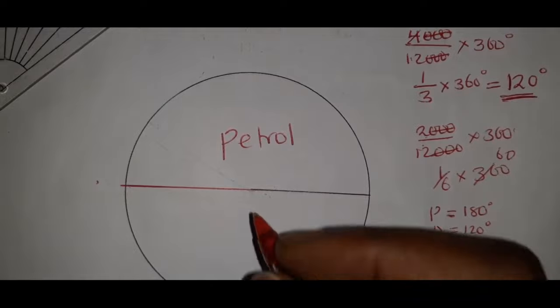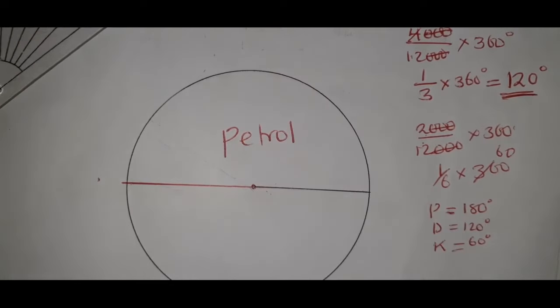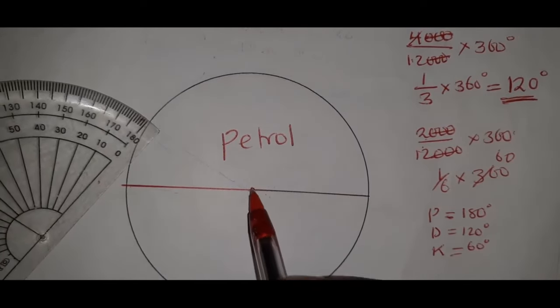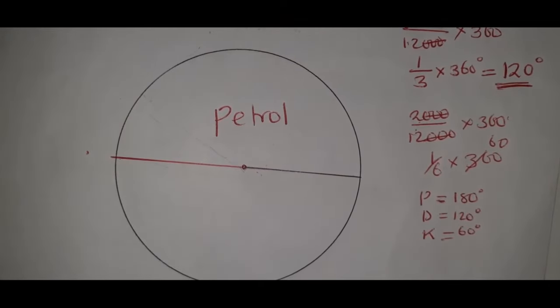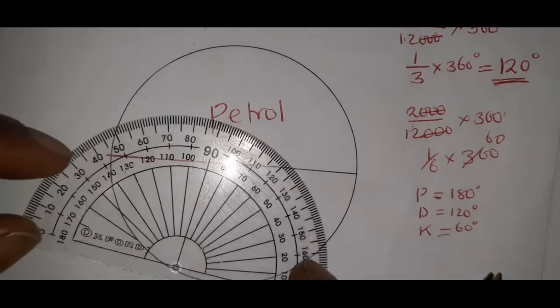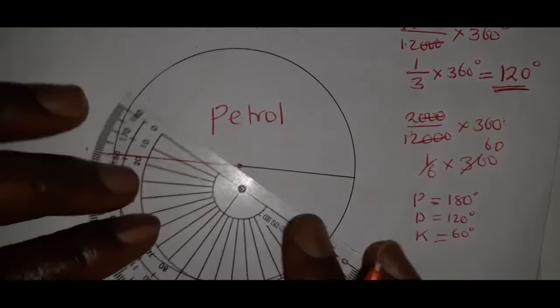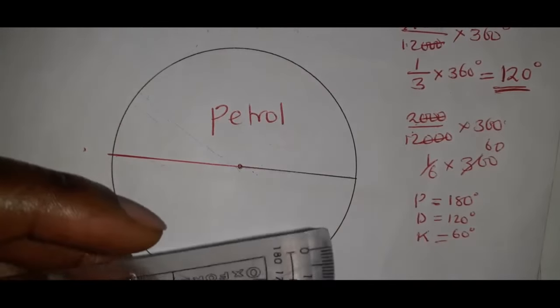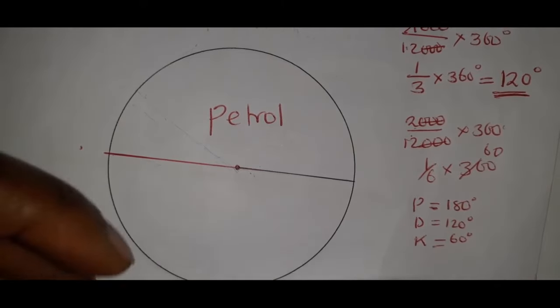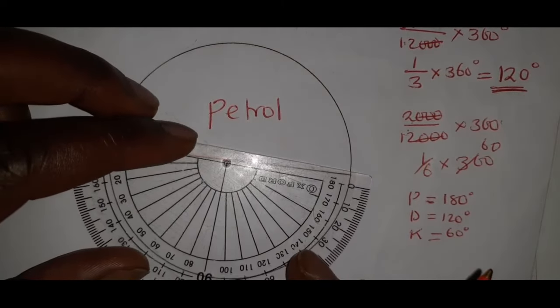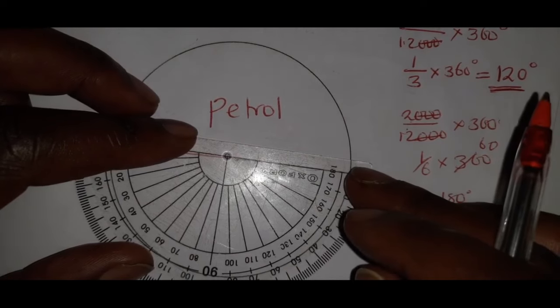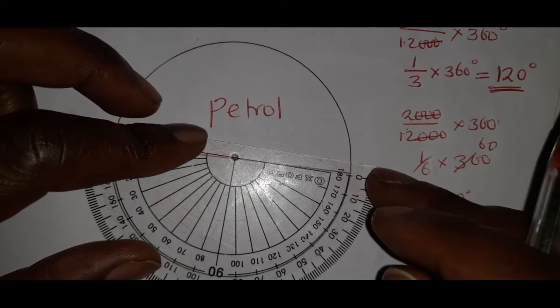Okay? Remember, the center is this part. Then from this, we need to measure another 120. For what? So we'll come here. We can measure it from anywhere. I'll come back here.